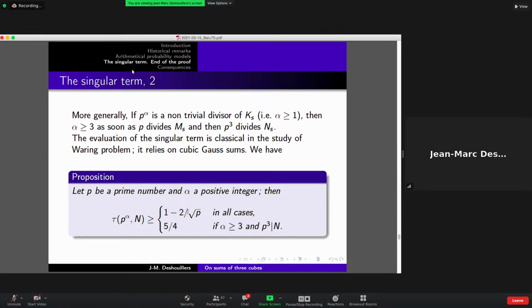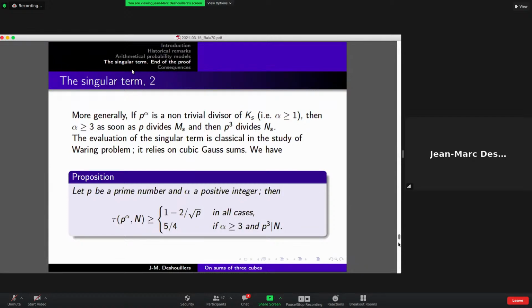So of course, we can also put something here which is positive for 2 and 3, but we are not that much interested in that because alpha will be larger than 3. And when alpha is larger than 3, and n is divisible by p cubed, then the local factor is at least 5/4. And this is fine because it is larger than 1. So you see that on the cubic factors, we are each time winning something which is larger than 1 and constant, 5/4. And for the other prime factors, we may be losing something, but not too much because this is also close to 1.